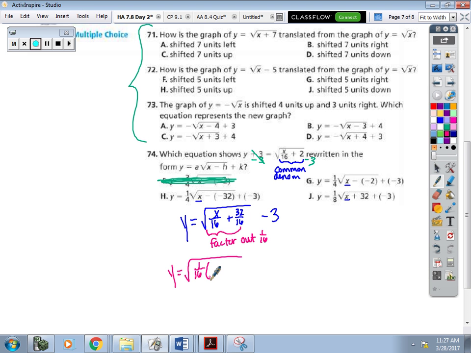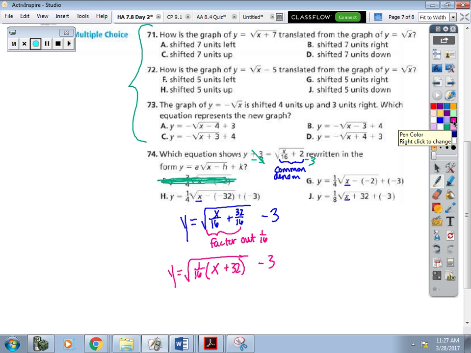Now, when you take 1/16 away from x over 16, we're left with just x. Because when I multiply back, that would get me x over 16. When I take 1/16 away from 32, what am I left with? 32. And if I were to redistribute that, I get 32/16, which is what I had before.